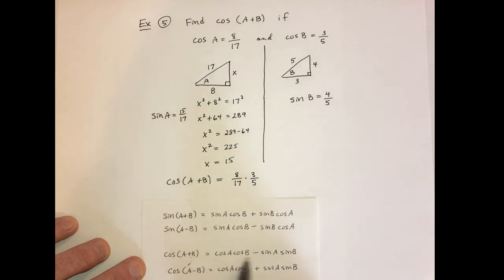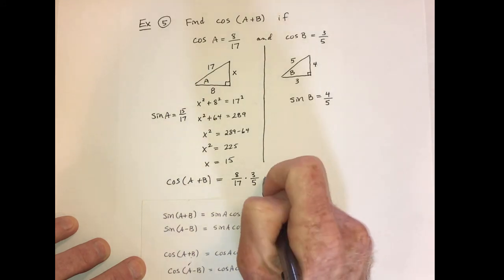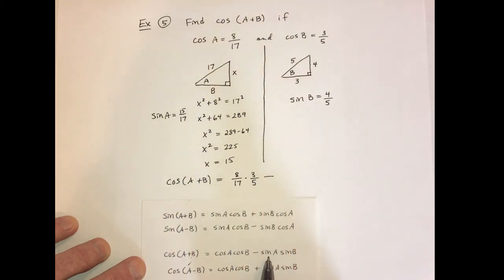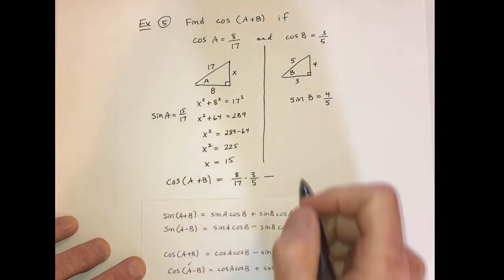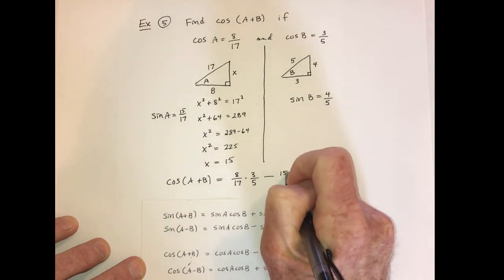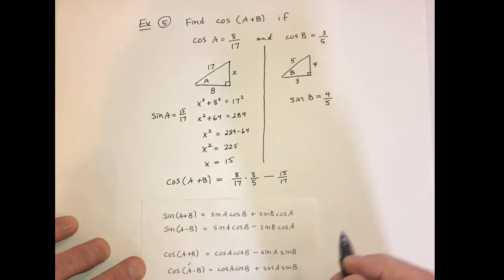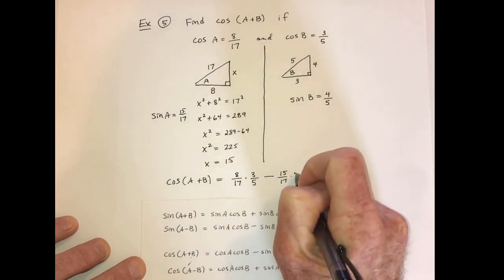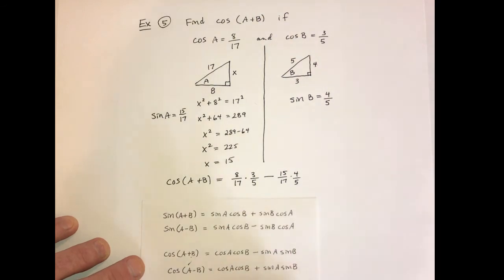And because this is a plus, we now use a minus. And then multiply the two sines. Sine of a is 15/17, and sine of b is 4/5.